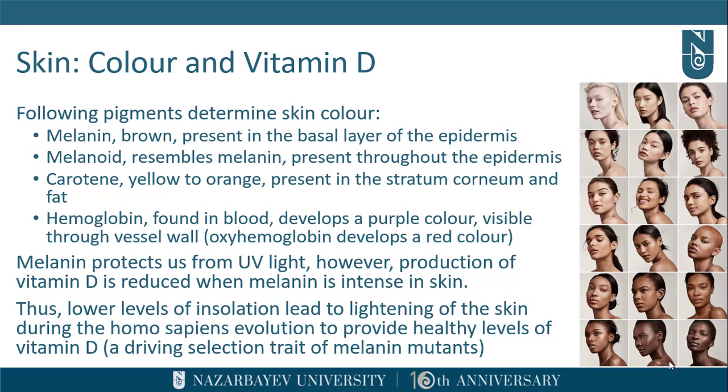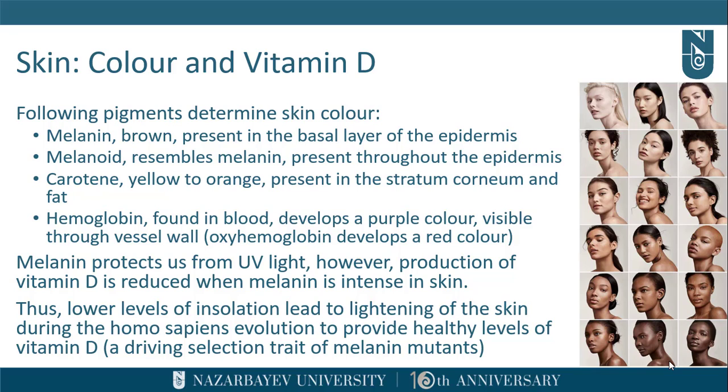Keratin, as we covered in our biotechnology lectures, has a yellow to orange color, as it's present in carrots. And hemoglobin is found in blood. It has a purple color. Once we have oxyhemoglobin, that develops a red color, and they all give the pigmentation in our skin.